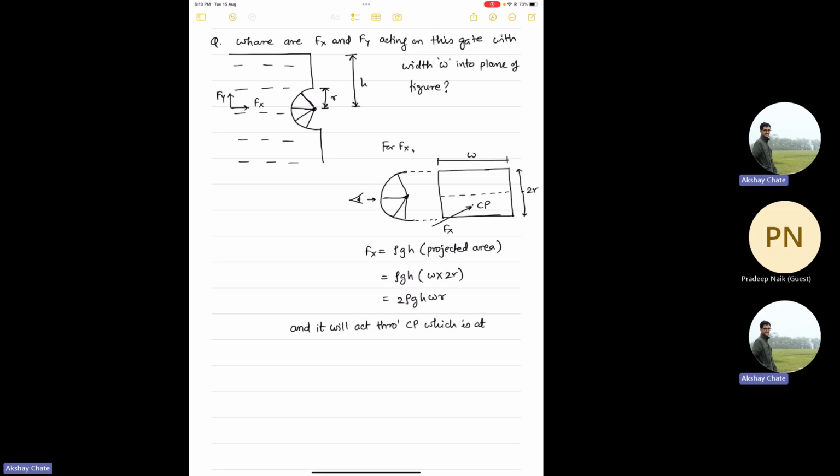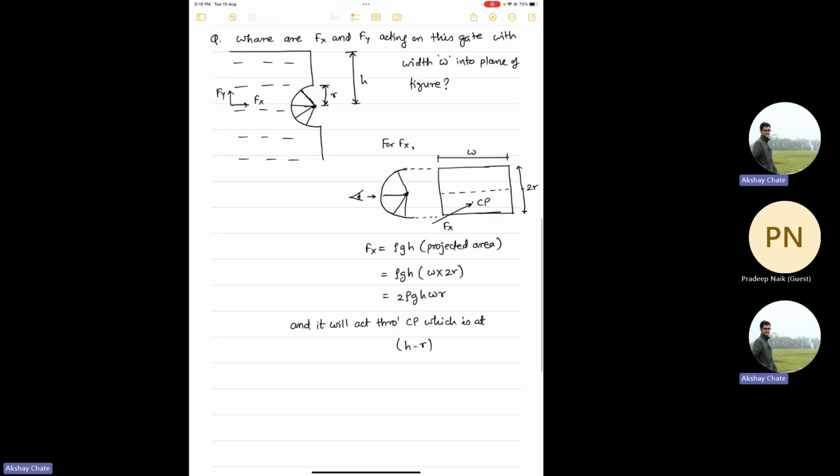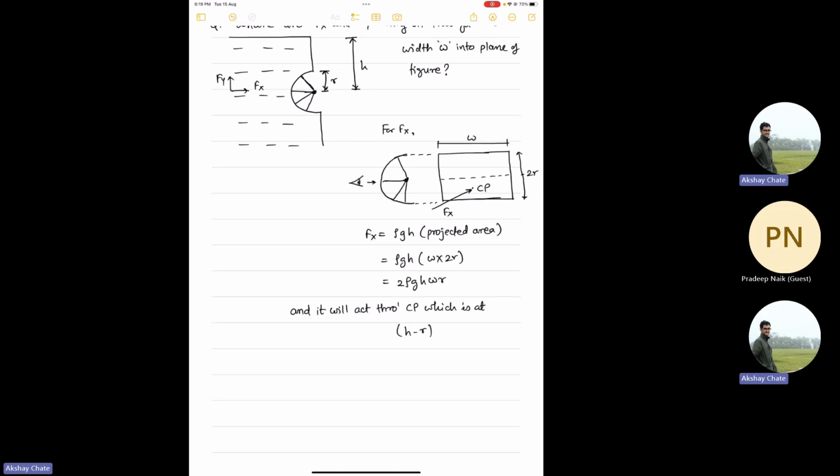And the center of pressure will be at H minus R, because that is the top point of the gate from the free surface, plus for this 2R it will be at 2R by 3, because this height is 2R, right?